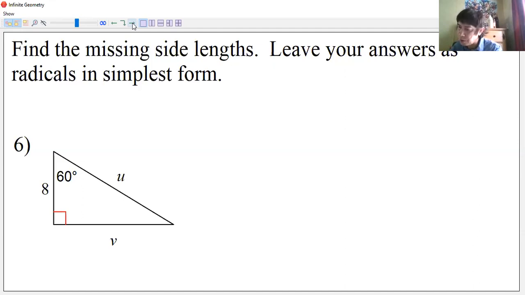We have a 60, we have a 90 degrees. The side 8 must be the shorter leg. We're looking for the hypotenuse U and the longer leg V. This is for number 6. Find the missing side lengths. All right, let's go back to our paper. We shall do it over here.